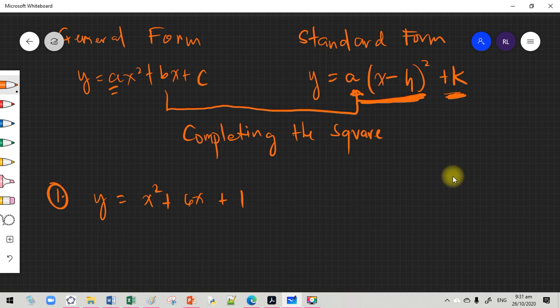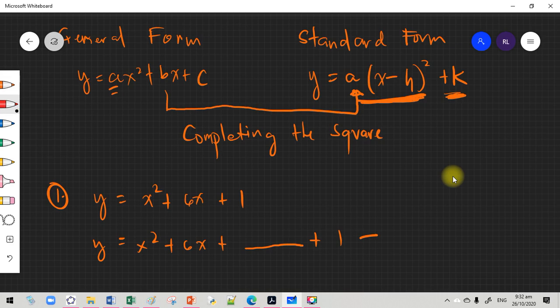So what we're going to do is of course add b over 2 squared. So we'll have y equals x squared plus 6x, and we're going to add something here, the same as the process of completing the square, plus 1, then subtract again.